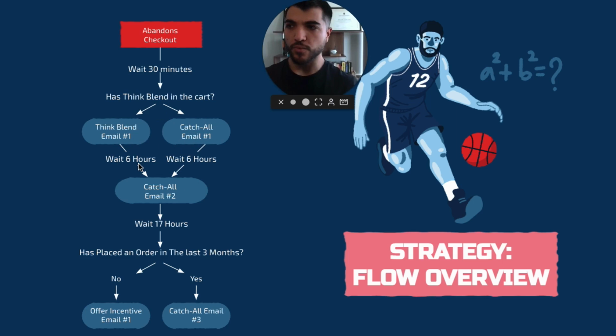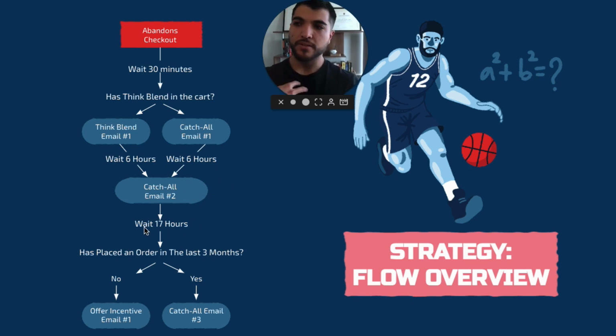In either case, we wait 6 hours, so this is going to be sent on the same day. So again, kind of a more aggressive approach here. If you don't feel comfortable with this for your brand, you can wait a whole day here. That's okay. We're going to be sending a catch-all email, different messaging here, of course, different angles as well.